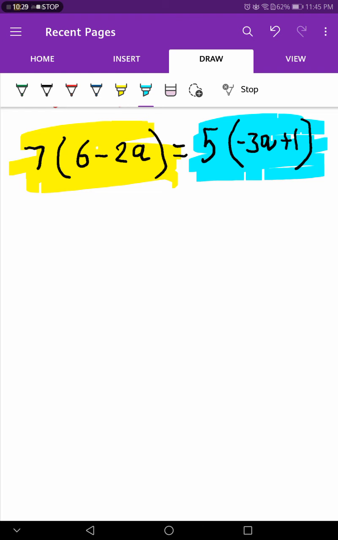And in the left and the right I have parentheses, so I have to break the parentheses. You know Ali's story. Ali must visit the farm and visit the home, or visit the home and visit the farm. It is the same. 7 multiplied by 6 equals 42, and 7 multiplied by negative 2a equals negative 14a.